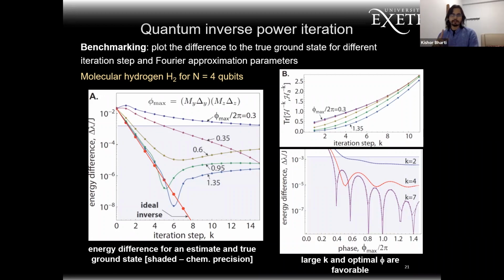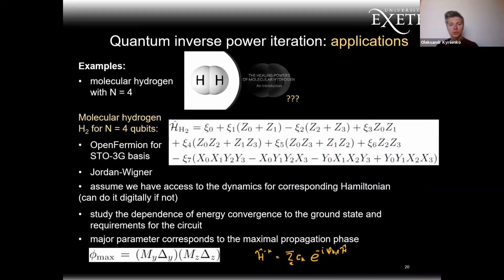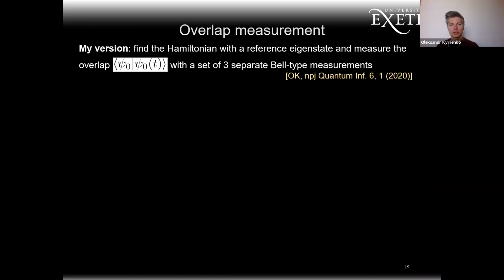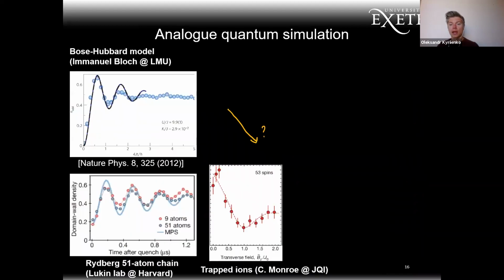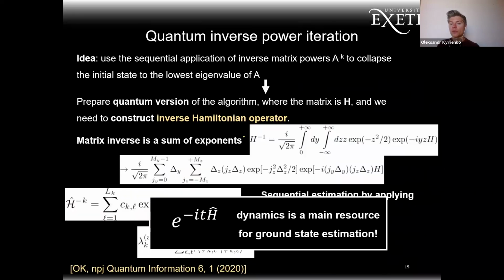Sorry, maybe I missed something. Let's return to this slide. The inverse Hamiltonian you would approximate as a sum of coefficients times the unitary operator generated by this Hamiltonian.